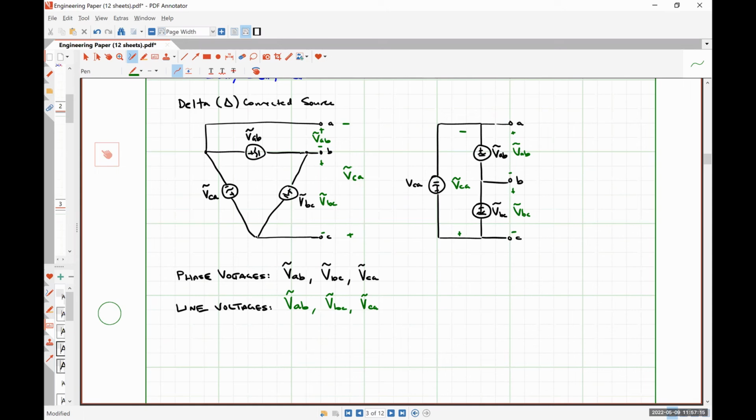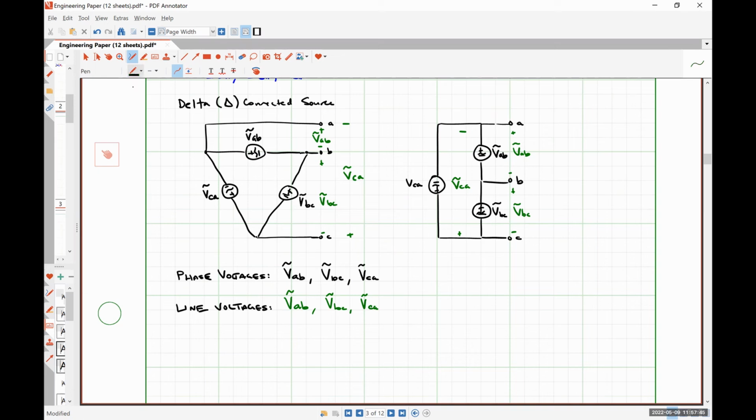So this is why things can tend to get a little bit confusing. What we will observe once we actually connect things here is that for delta connected things, line voltages and phase voltages are the same. And for Y connected things, line currents and phase currents represent the same thing. So there is a duality here.